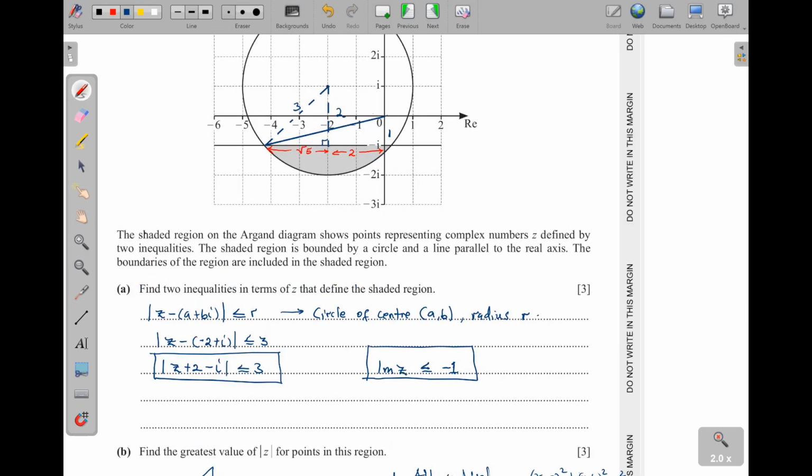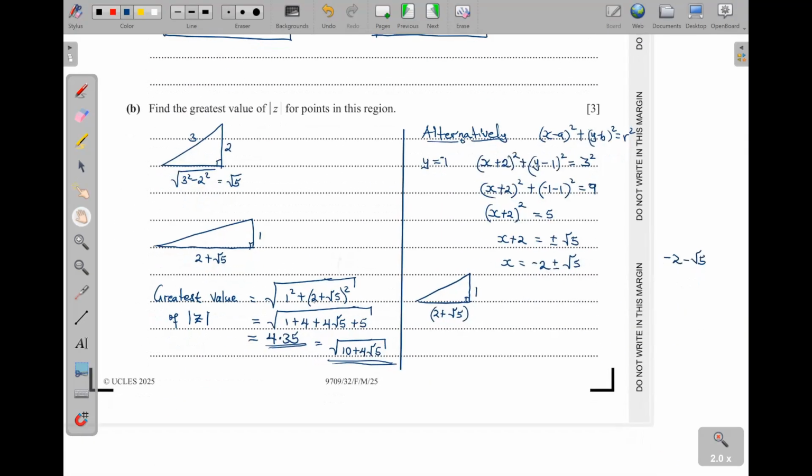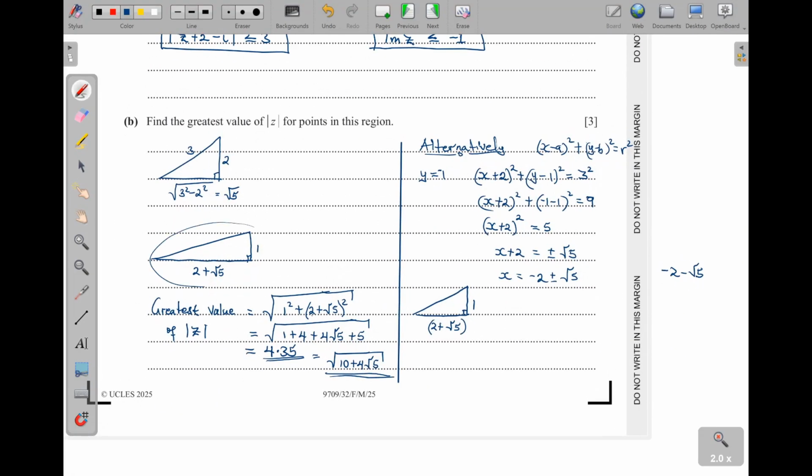Okay, and you can see that we are having the same thing as here. So meaning that greatest value of z is going to be that square root of 2 plus root of 5 squared, and then plus the 1 squared, which gives us the same answer as square root of 10 plus 4 root of 5.